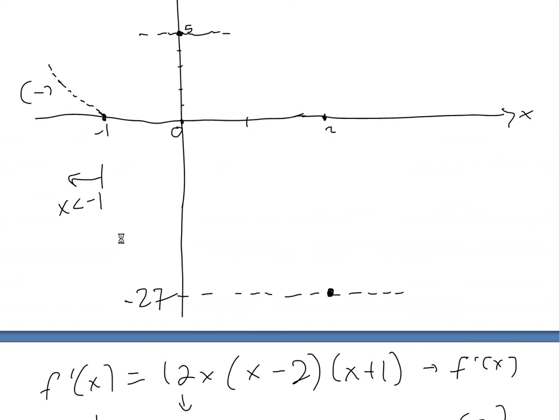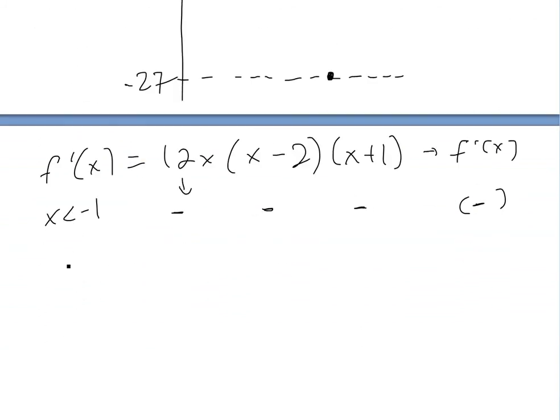Now we have to look at between -1 and 0. So we'll have x less than 0 and greater than -1 here. If we plug it in, let's make a table here. The 12x is still less than 0, so this is going to be negative here. And on here, x minus 2 is still less than 0, so it's going to be negative.